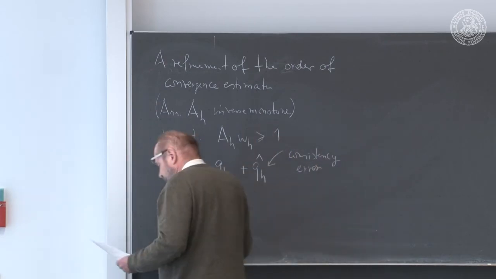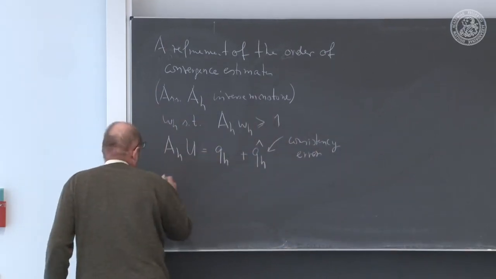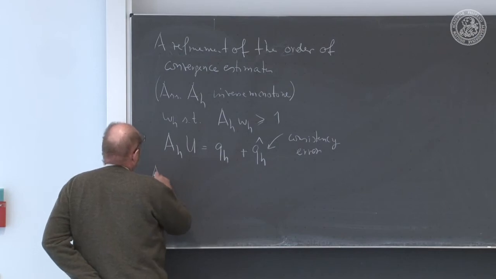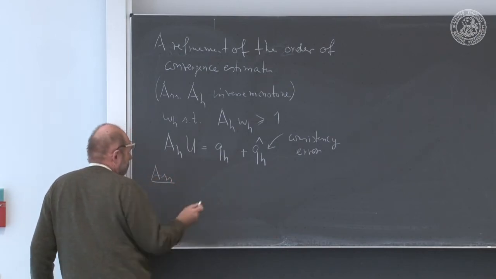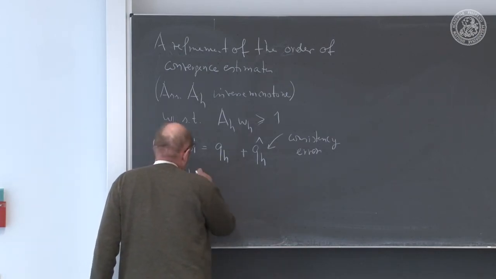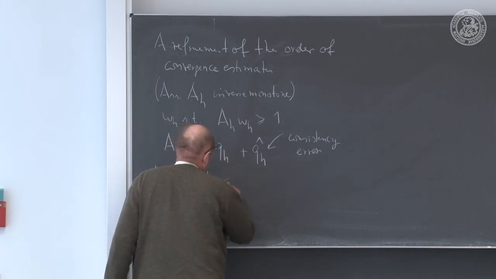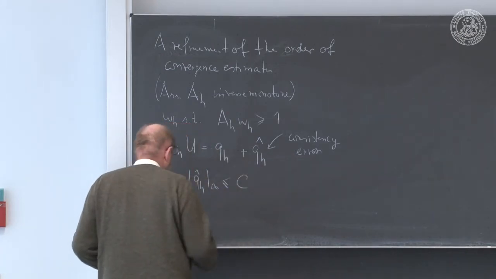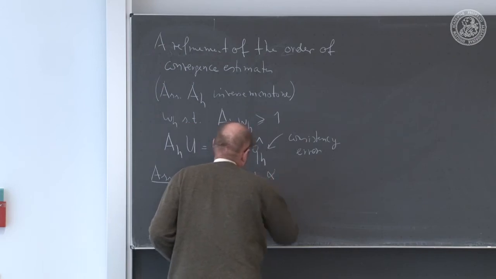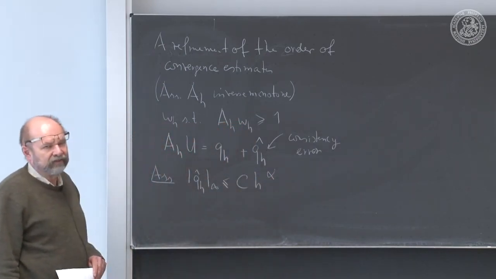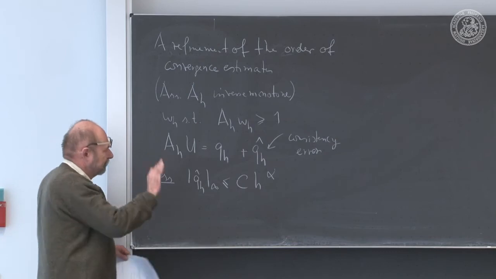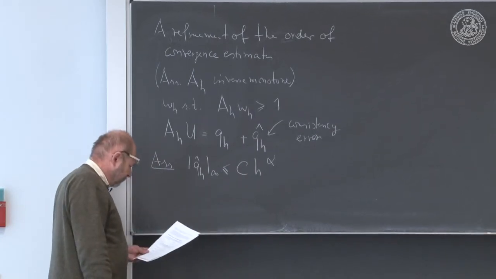We have our consistency error estimate. The further assumption is that we know the consistency error in the discrete L infinity norm behaves like a constant C_2 times h to some power of alpha. That was always the general situation we had.